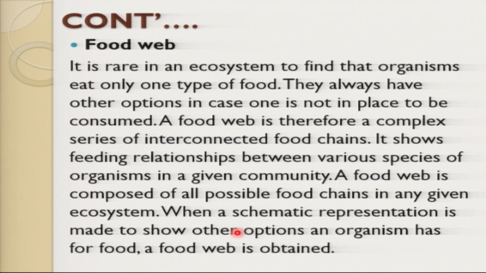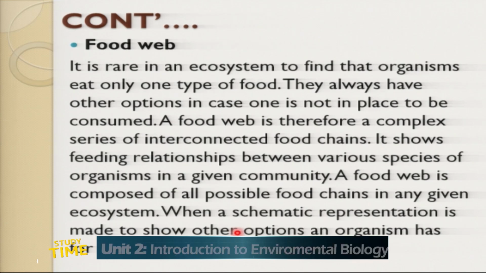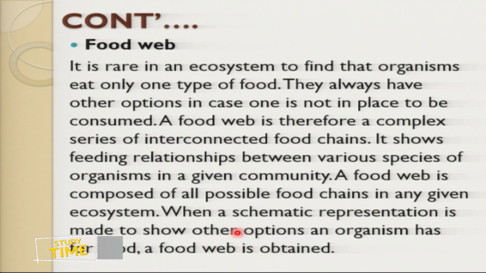Let me talk about a food web, a complex feeding relationship. A food web is made up of very many food chains. It is rare in an ecosystem to find that organisms eat only one type of food. They always have other options in case one is not available to be consumed, which is very clear.